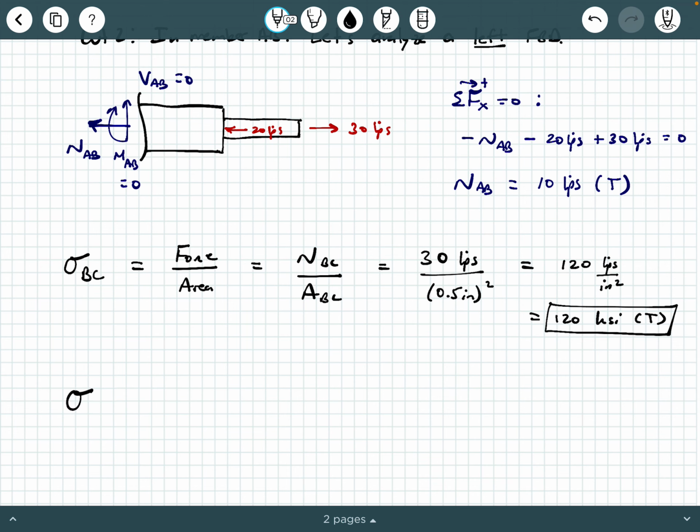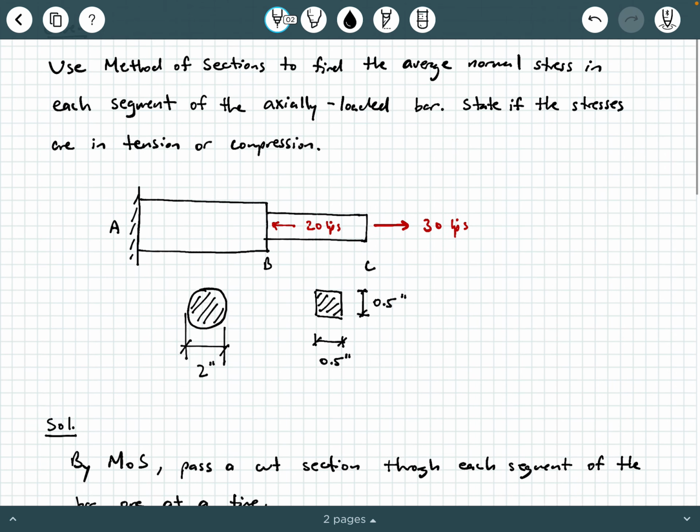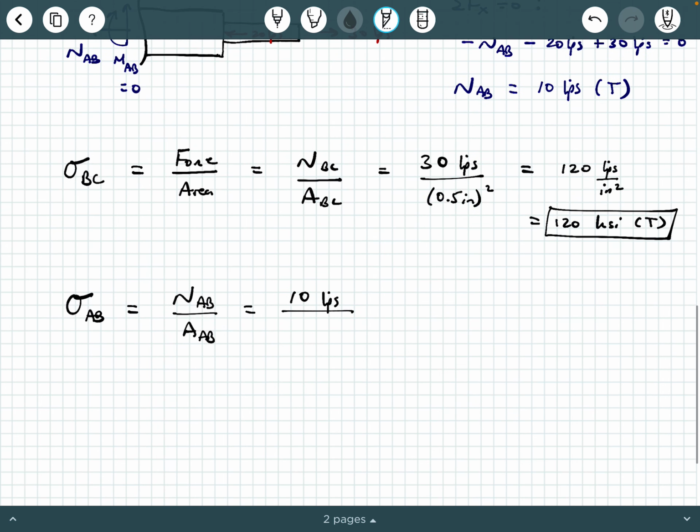And then sigma AB, okay, that's going to be the normal force in AB divided by the cross-section area of AB, all right? And that's going to be 10 kips. And then what's the cross-section area of AB? Well, if we go back up, that was a circle with a 2-inch diameter, all right? So we just need the area of a circle. So I'm going to say that's pi d squared over 4. All right, that's the area of a circle.